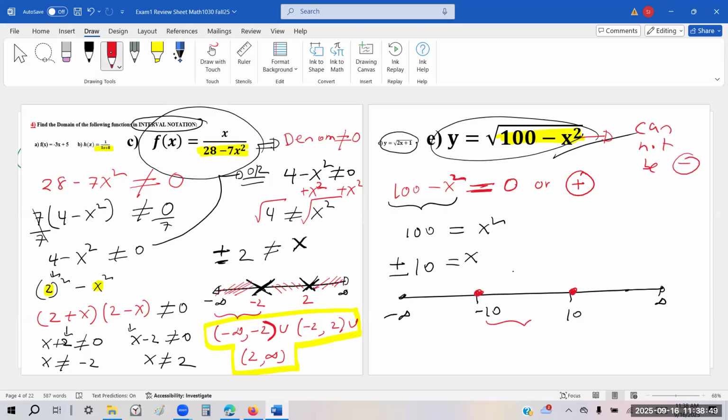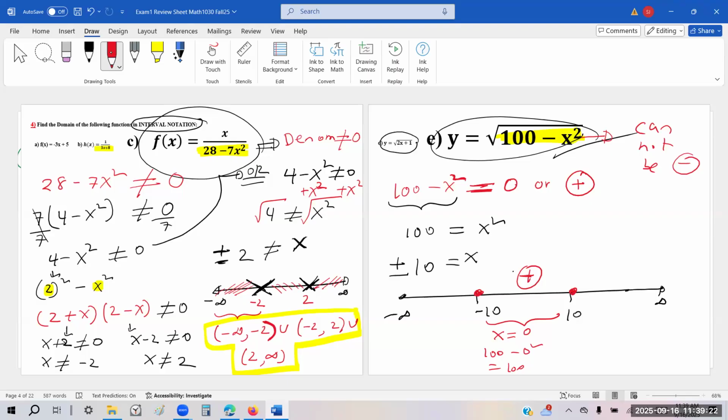So let's take this interval and pick a number. Any number between -10 and +10. 0. 0 is the best number. And let's see when x is 0, what is the outcome? Is it positive or negative? So we have 100 minus 0 squared, which is 100. Oh, it's positive.